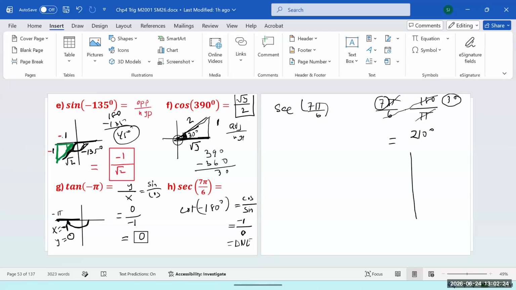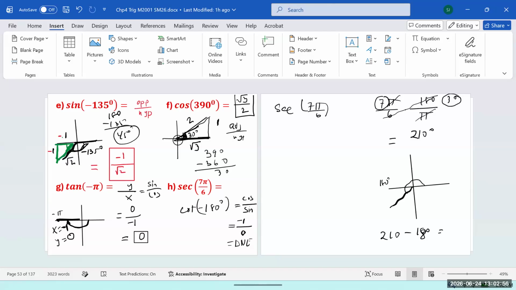So let's draw 210. 210 degrees lies in which quadrant? Third quadrant. So 180, 210, somewhere here. Are you going to subtract 210 from 180 or 180 from 210? This is 180, right? So we're going to subtract 180 from 210. And how much do we get?